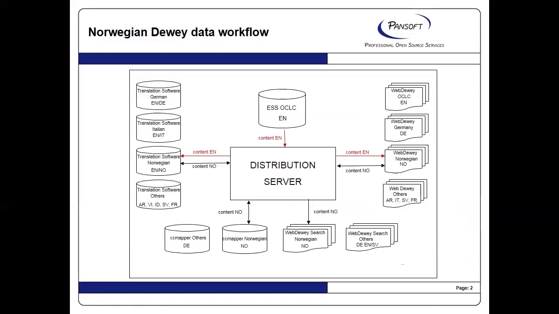Especially in the Norwegian use case, we are talking about tens of thousands of numbers that are created inside WebDewey by users. Those are going back to the distribution server and the translation software. In the translation software, if the numbers are good and you approve them, they will be part of the approved translation of the GUI data.